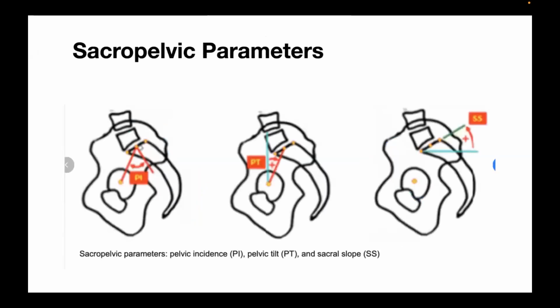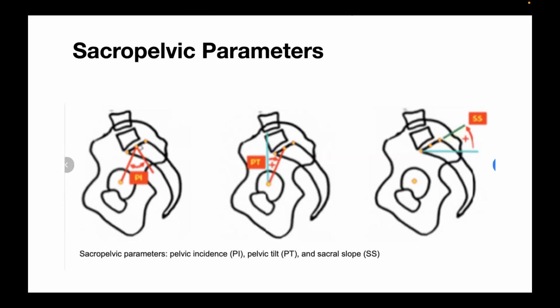Coming to the various sacropelvic parameters, there are 3 basic sacropelvic parameters: the pelvic incidence, the pelvic tilt, and the sacral slope. The pelvic incidence is measured from the center of the femoral head, a line joining the center of the femoral head to the midpoint of the upper border of the sacrum, and a perpendicular drawn from the upper border of the sacrum.